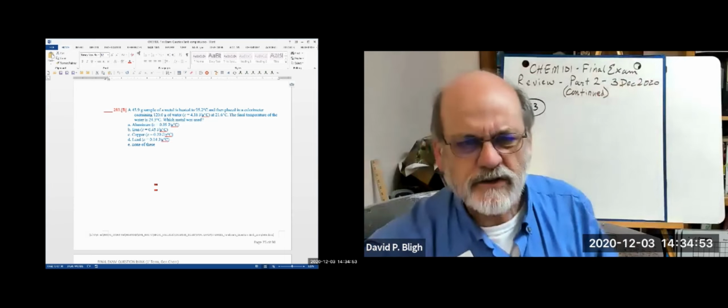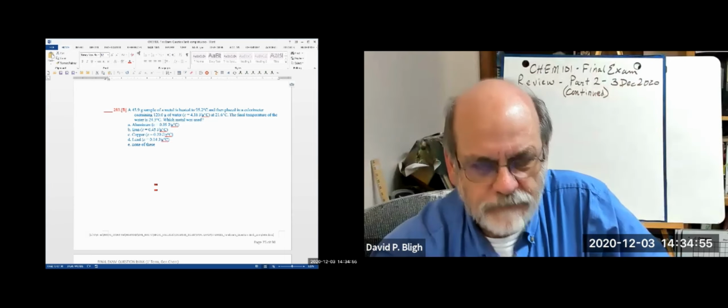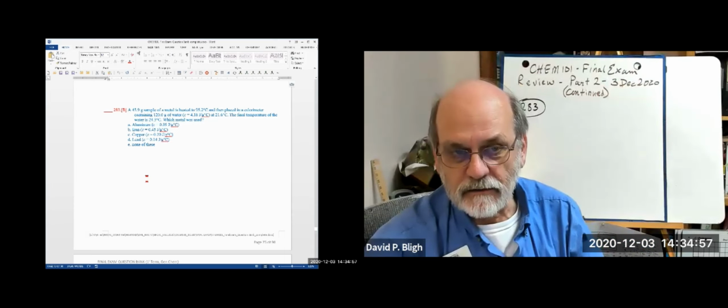So let's see, what's the question here? Which metal was used? All right, so we're going to pick out the metal. You have to pick out the metal based upon its specific heat, right? So we have to determine the specific heat of the metal in this experiment.